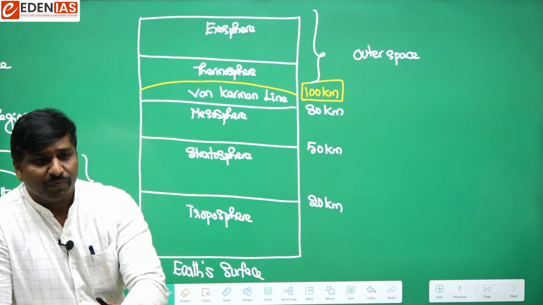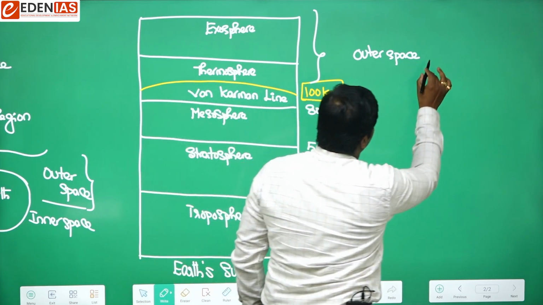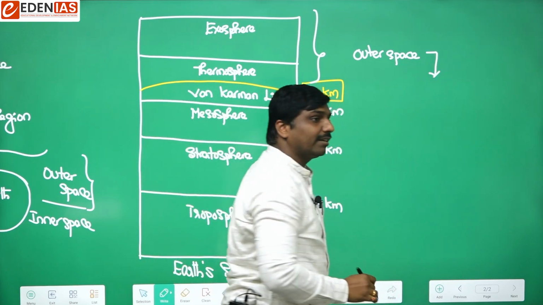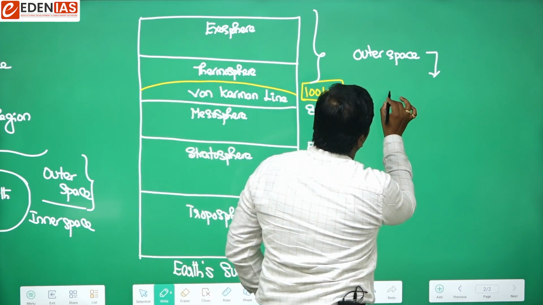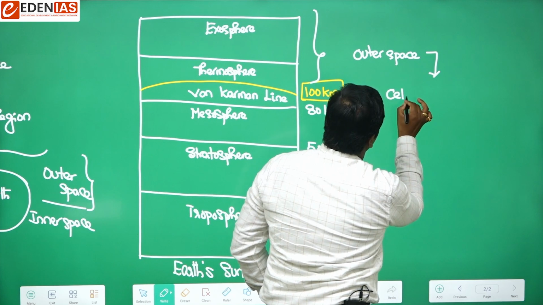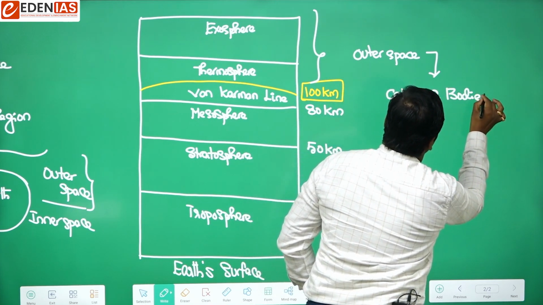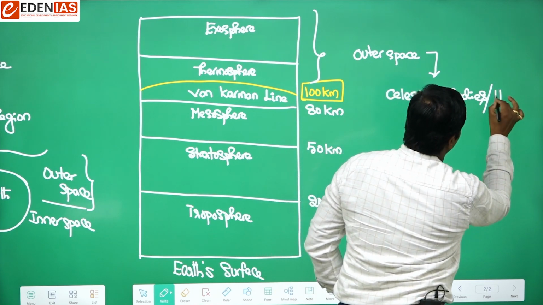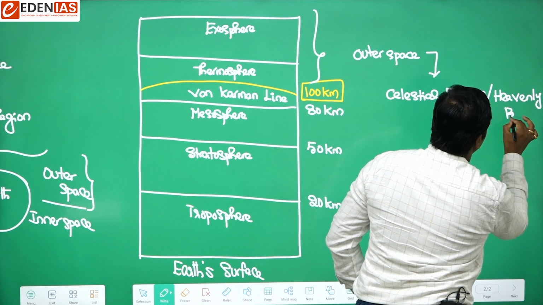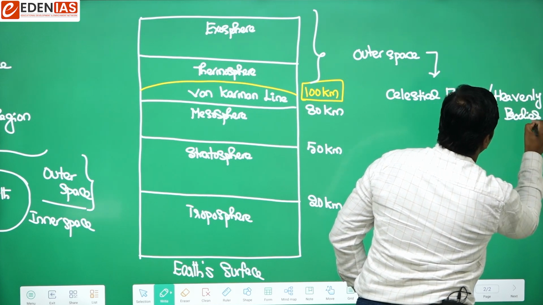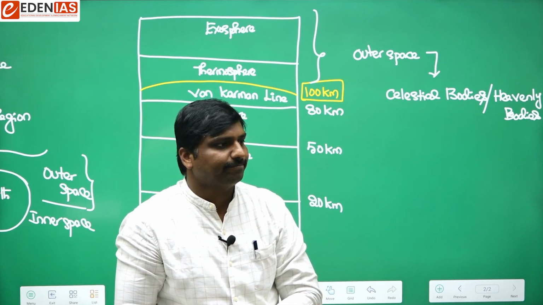Now, from the perspective of outer space, it is generally made up of various celestial bodies. These celestial bodies are also generally called heavenly bodies because they are present in this space. Can you name some celestial bodies that are present in the outer space of the Earth?